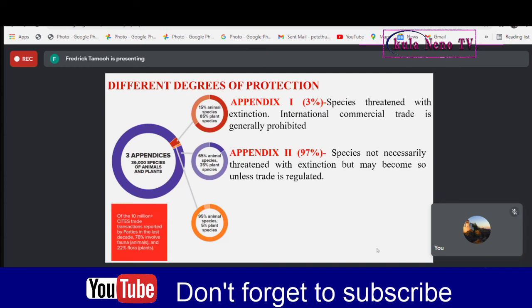They're given a moratorium to clear their stocks within 2 years, then they're given a stop for probably another 10 years. So they keep accumulating this. The purpose of doing that is to regulate trade in those species.